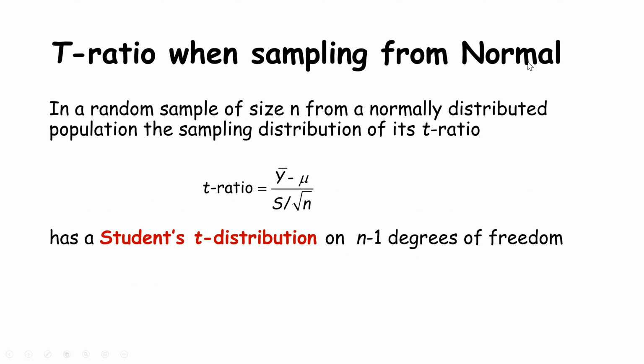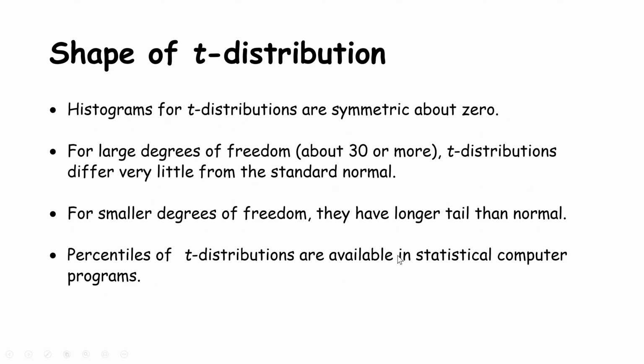The T ratio when sampling from a normal: in a random sample of size N from a normally distributed population, the sampling distribution of the T ratio, y bar minus mu over S divided by the square root of N, has a Student T distribution on N minus 1 degrees of freedom. The shape of the T distribution is very similar to the normal. It is symmetric and unimodal.